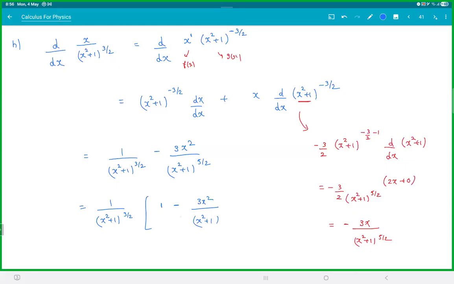And then when you shift it there, you'll get x square plus 1, and that would be minus 3x square. So that would be minus 2x square plus 1 by x square plus 1 whole power 5 by 2. That's your final answer, everyone.